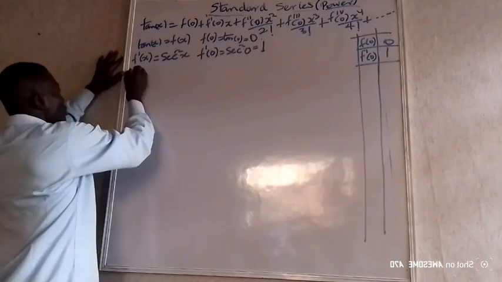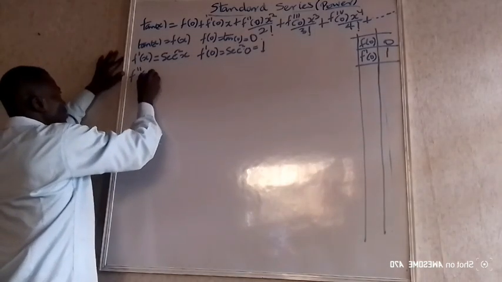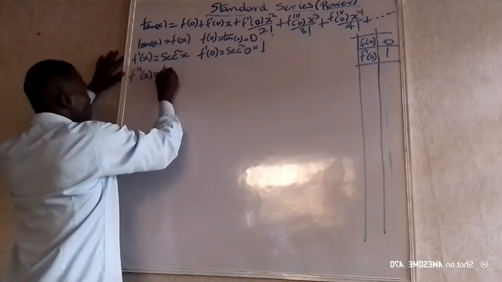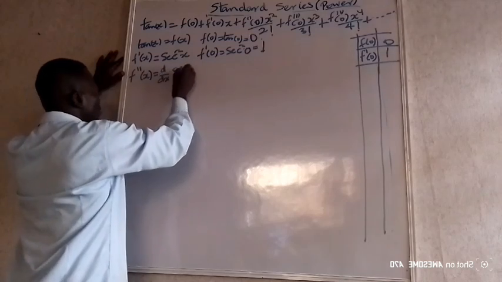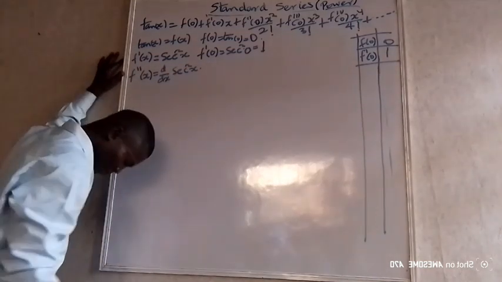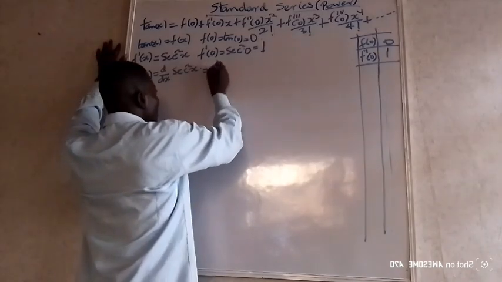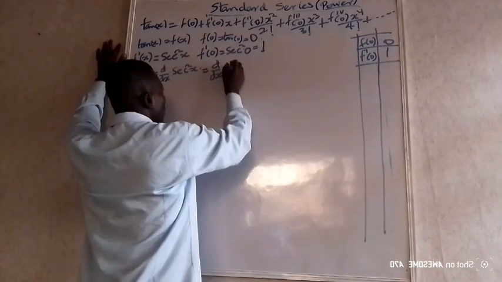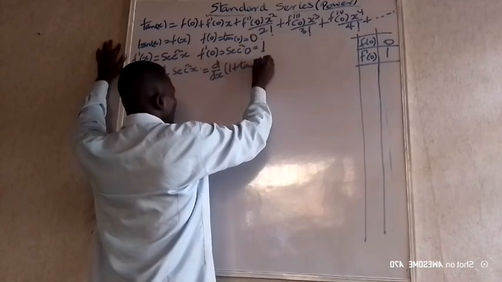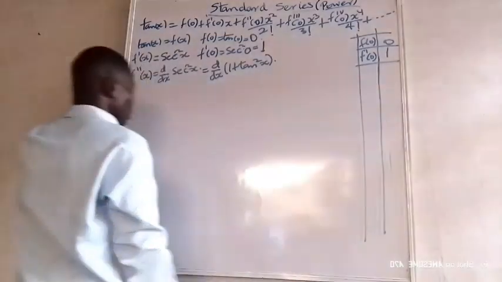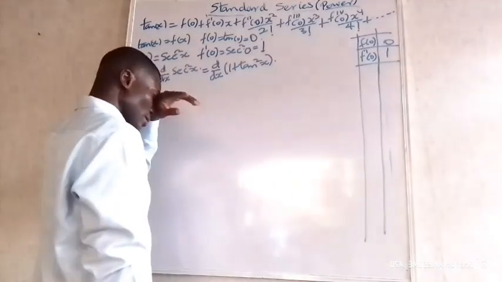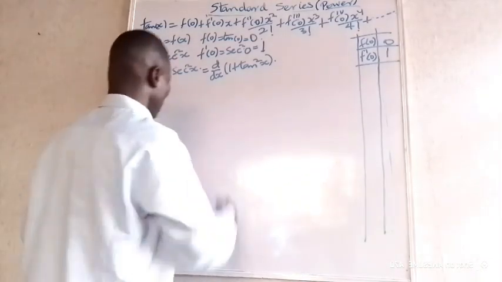Then, to find the second differential, we have to differentiate sec square x, and that will be d/dx of 1 plus tan square x. You know, if we use product rule or function of function, we get it.